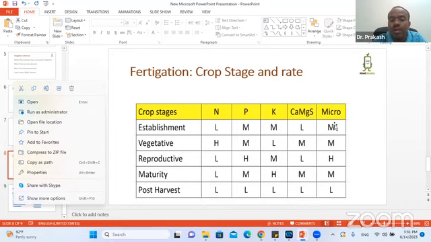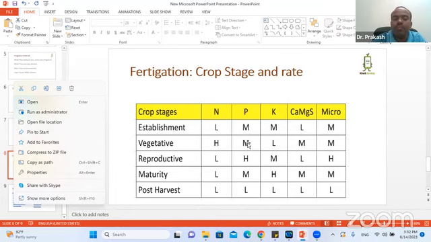Generally, nitrogen requirement is very high in this stage. Phosphorus requirement is medium, and potash requirement is low. Calcium and magnesium are also low, and micronutrients also low. At that time, in the vegetative stage, we can add ammonium sulfate plus 0 50 34, then calcium nitrate, and then micronutrients, Kiside DF.